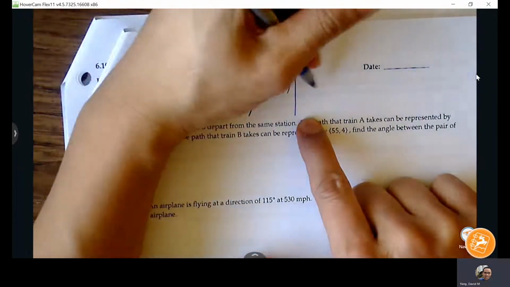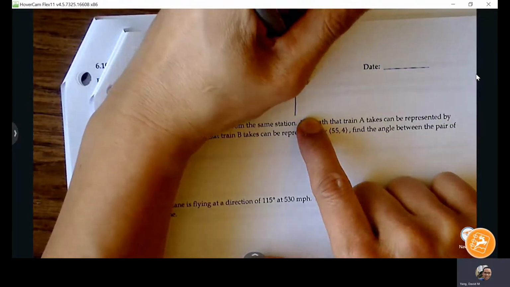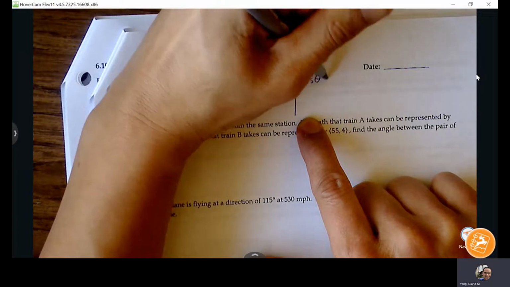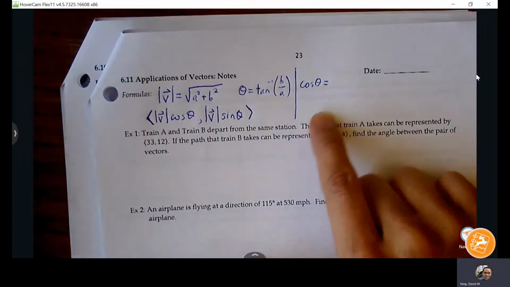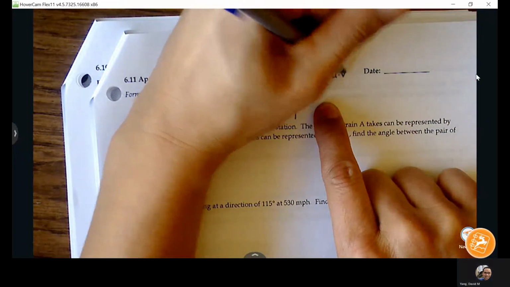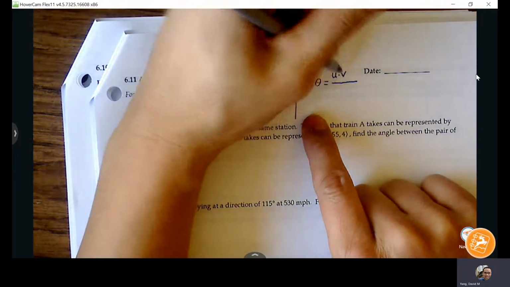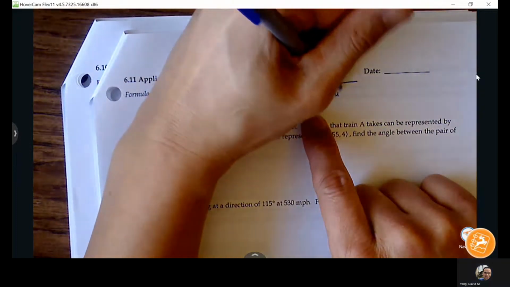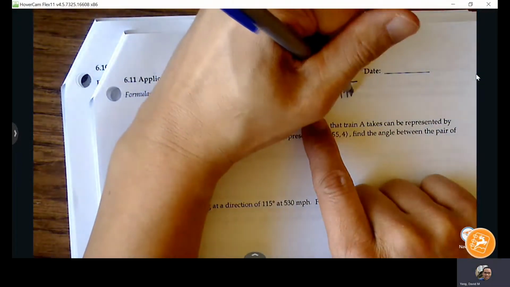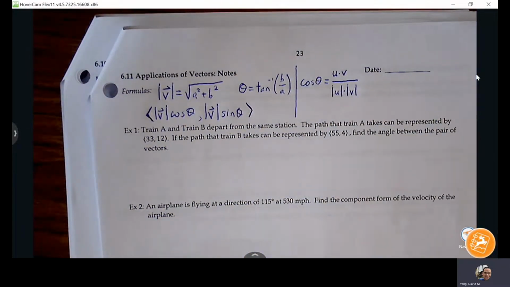And then another popular one that we're going to see a lot is angle between vectors, which is cosine theta equals the dot product of two vectors divided by the product of their magnitudes, so multiplied together, right? We used that on our quiz.